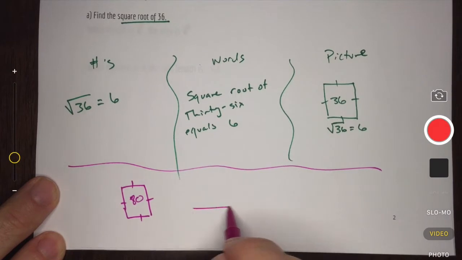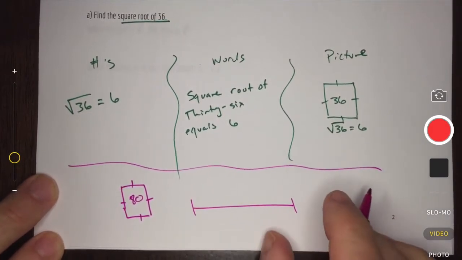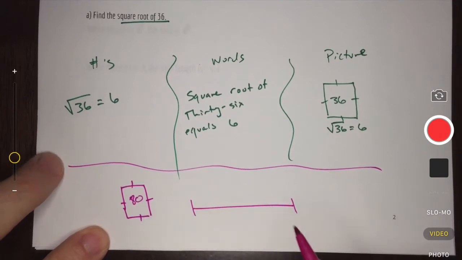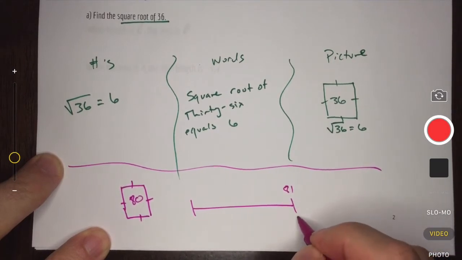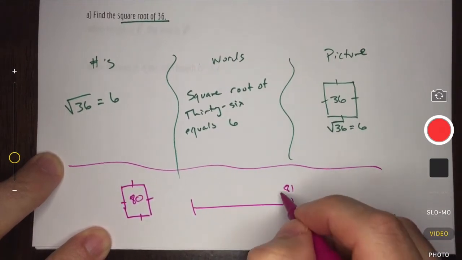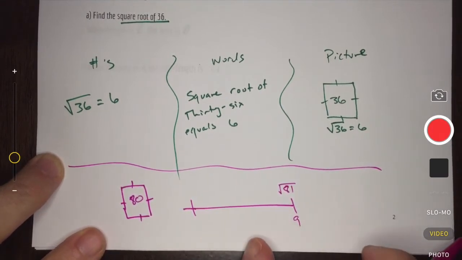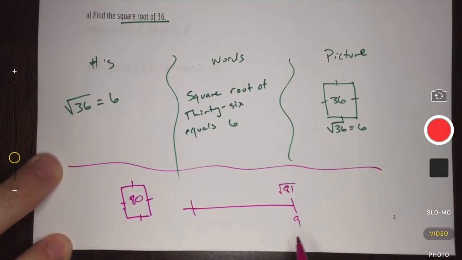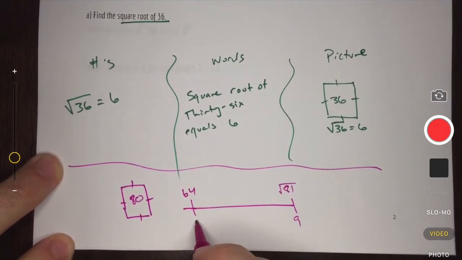So if I think of a number line, which I know we love so much, the whole number that's going to be above this is 81. I know that the square root of 81 is 9. And the next closest whole number that I have is going to be 64, because that's going to give me a whole root number of 8.